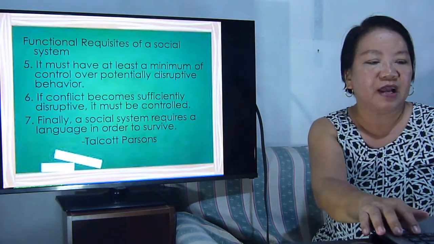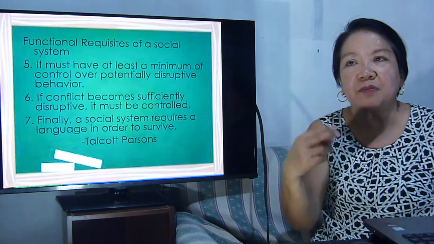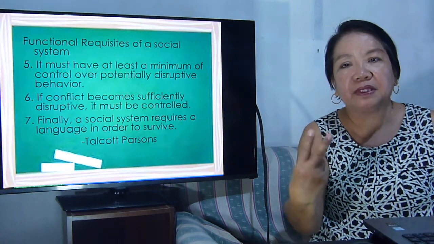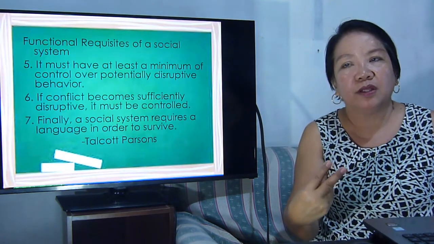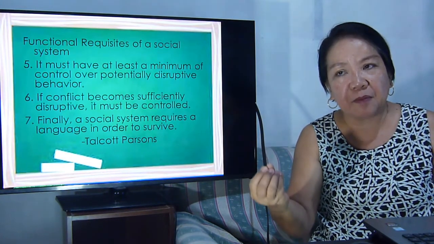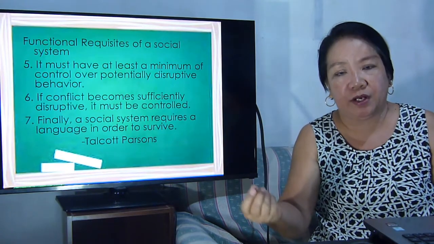Okay, next. Finally, a social system requires a language in order to survive. Pag sinabi mong language, how do you communicate? Dapat nagkakaintindihan kayo. So, whether it's kagaya niyan, KCMI is more of a missionary work, no?